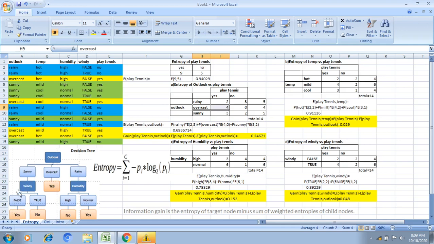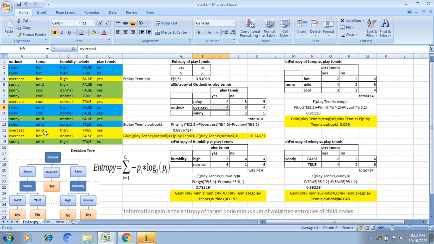Sunny versus windy true, I'm getting no. Here windy is true, I'm getting the prediction no. Similar way, windy is false, I'm getting the prediction yes with respect to sunny.